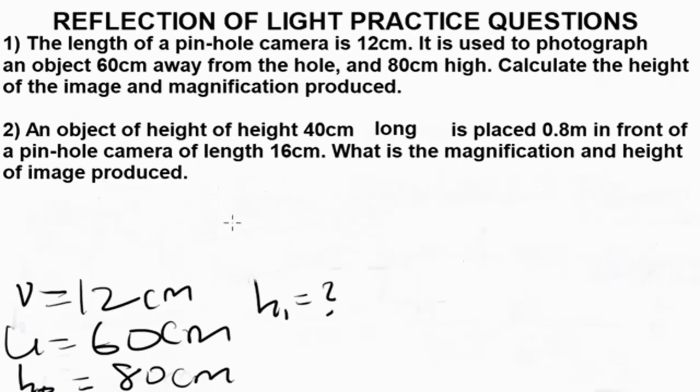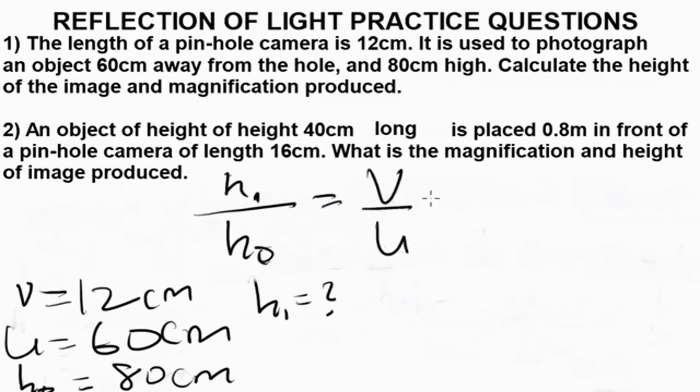Okay, so to calculate the height of the image, this is the formula we're going to apply. That's image height HI over object height HO equals image distance over object distance. So we don't have the image height, that's what we're looking for. So let's impute these three parameters we have in this expression.